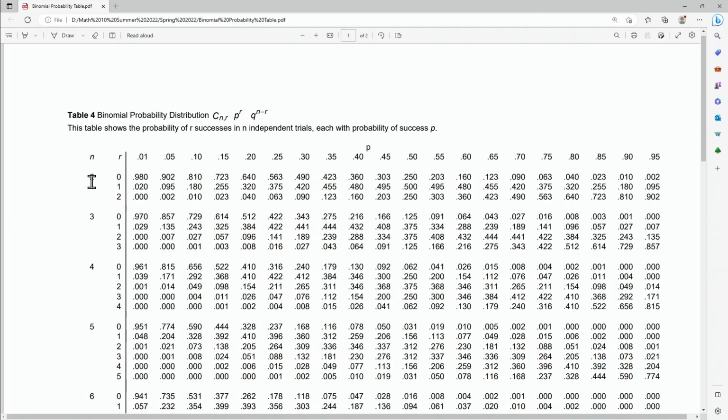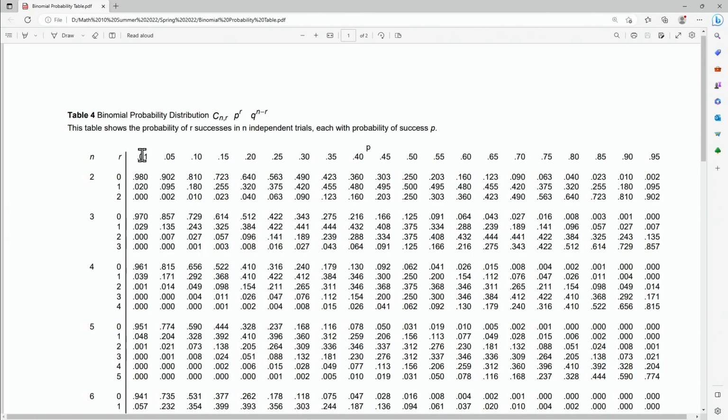So here, this represents N. So if we had, for example, 5 trials, R would be the number of successes. So if we had 5 trials, 2 successes, and 0.45 probability of success, we would just go down here and look where the 2 and the 0.45 meet, and that would tell us that there's exactly a probability of 0.337. And the nice thing about that is we didn't have to do any math, really. We just had to look it up in the table.